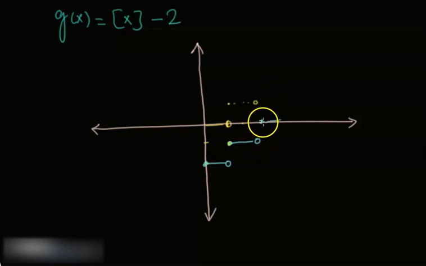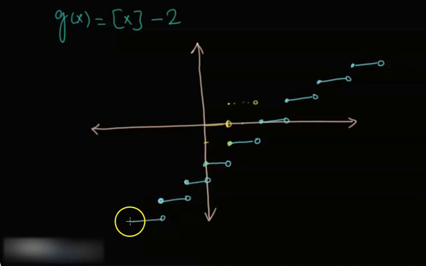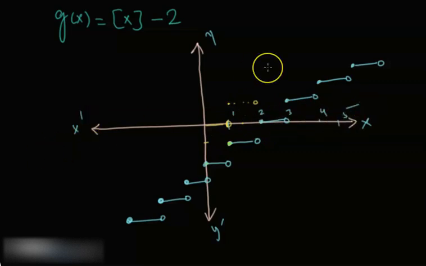Similarly, you can continue the pattern, so that's the 2 units downward shifted version. This is how it will look like.